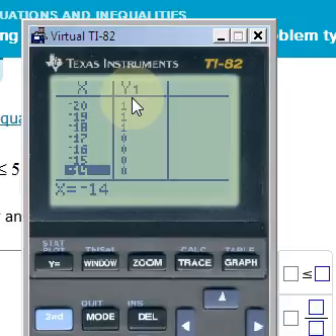Since it's going this way, it's less than. So is it negative 18?